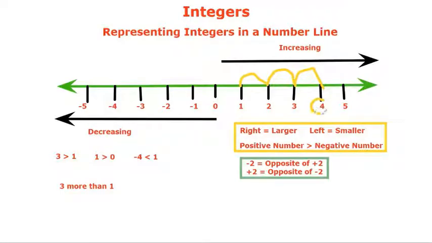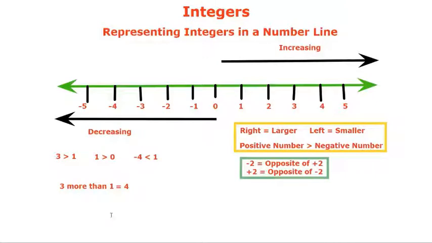That gives us 4. So we can say that 3 more than 1 is equal to 4. Why did we move to the right of 1? It is because we have to remember that the right is always increasing or greater.